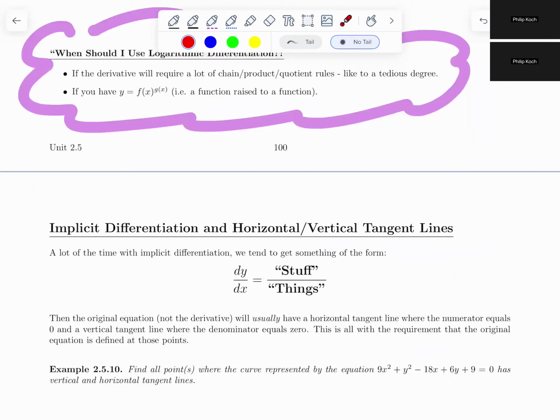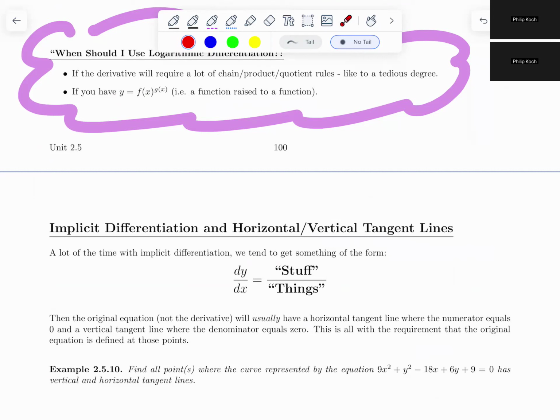Whenever the derivative is 0, that means the slope of the tangent line is 0, and the only way that can happen is if the numerator is equal to 0. The only way you can get an undefined slope would be where the denominator is equal to 0. So we can find out where we have undefined tangent lines in general.